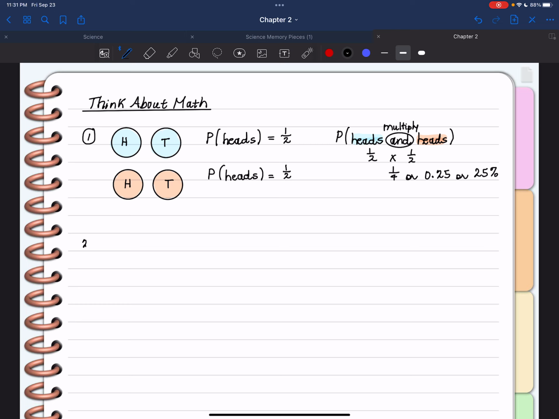All right, number 2. A basketball player makes 15 free throws out of his last 45 attempts. How many free throws is he most likely to make out of his next 90 attempts? Well, if he makes 15 out of 45, we can use that to predict how many he will make out of 90.